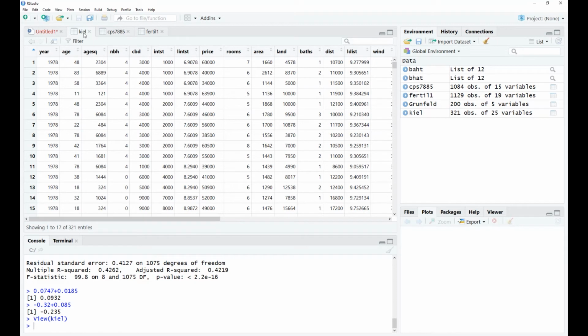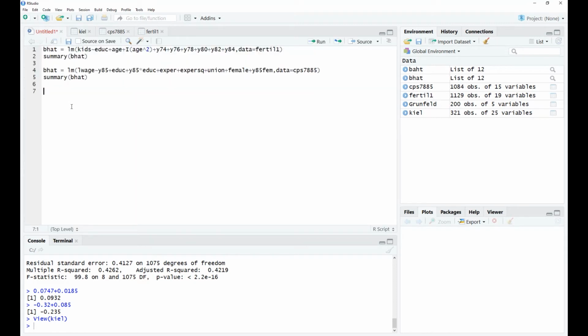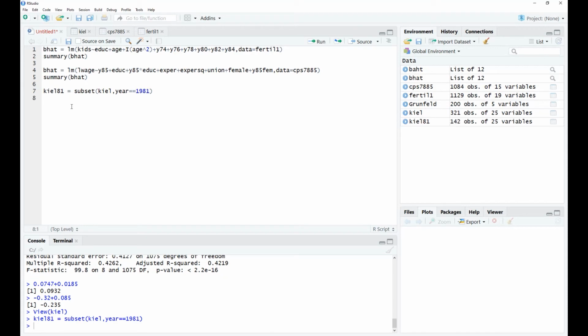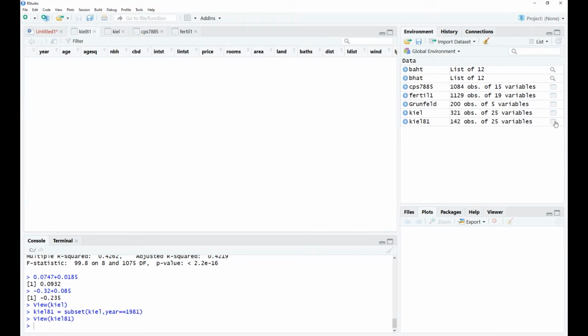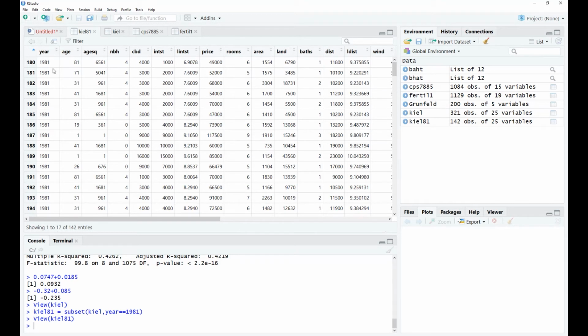So let us estimate a very simple model and think about this as a naive model. What we do in the first step is we subset the data, and we just look at homes in 1981. So we say subset here, year equals 1981. So now here we have data about the home values only in 1981.